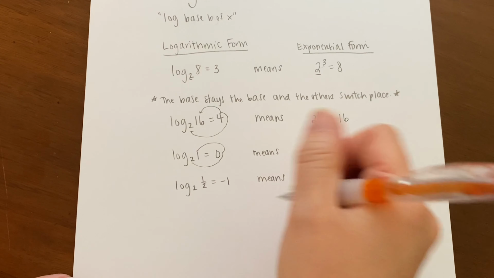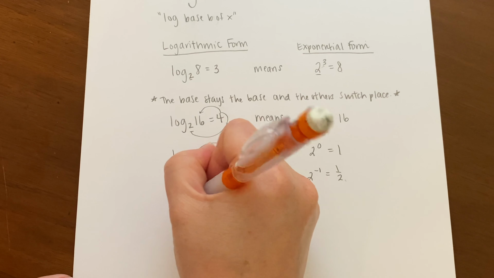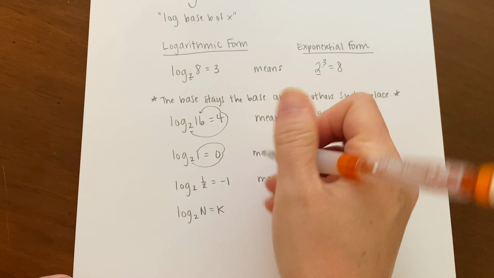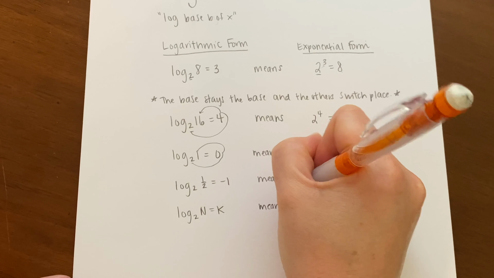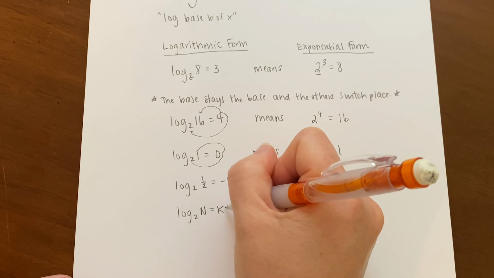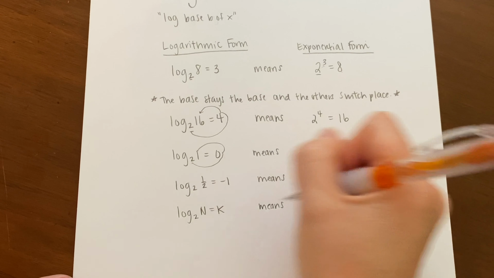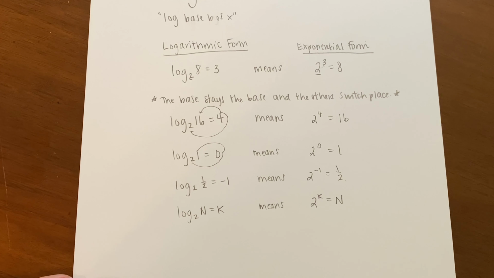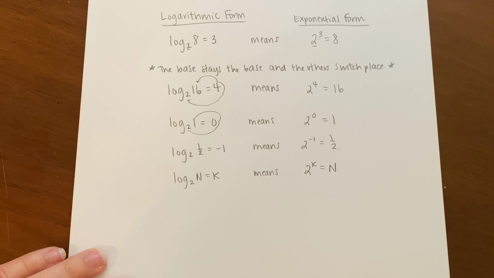So let's look at the general form. Log base 2 of n equals k. If we rewrite that, we've got 2 to the k power equals n. So the base stays the base and the others switch place.